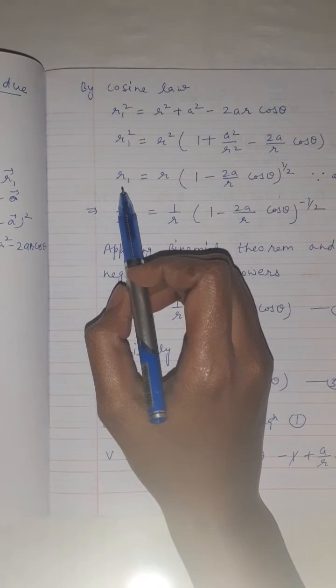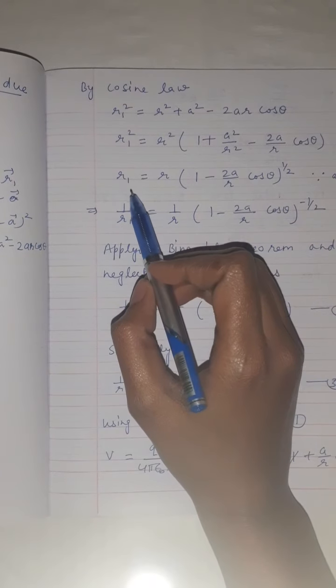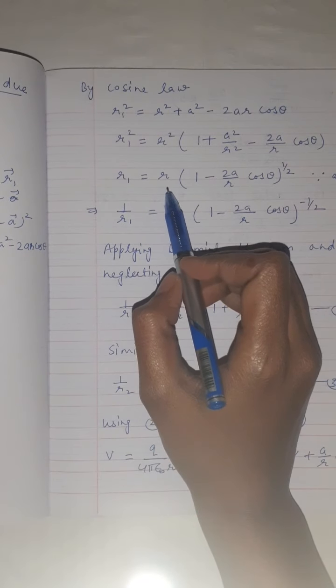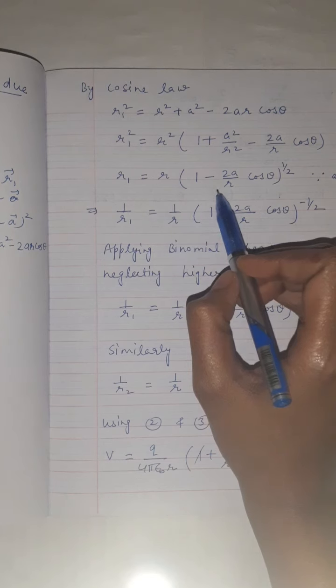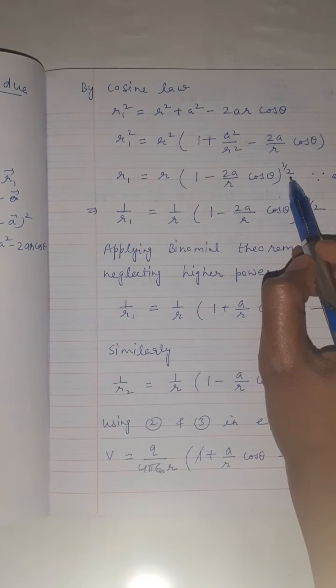So if we want to calculate r1, we can take the square root, so r1 is equal to r times (1 minus 2a upon r cos theta) raised to the power 1 by 2.